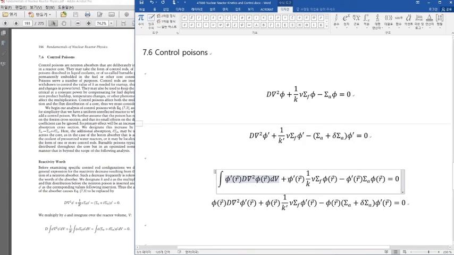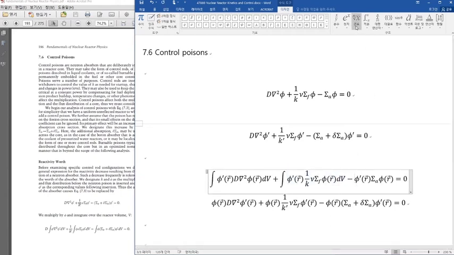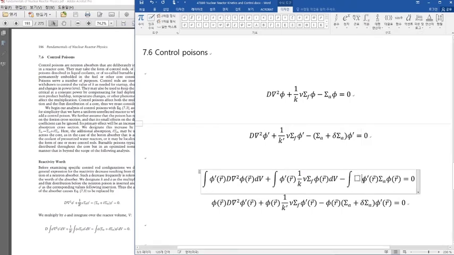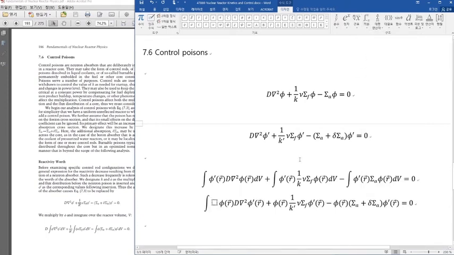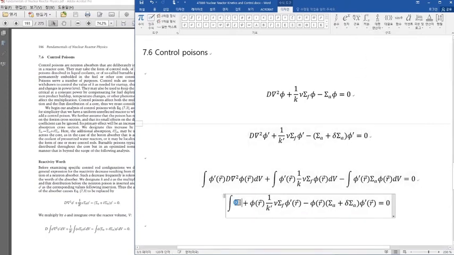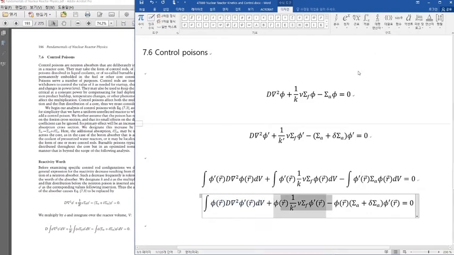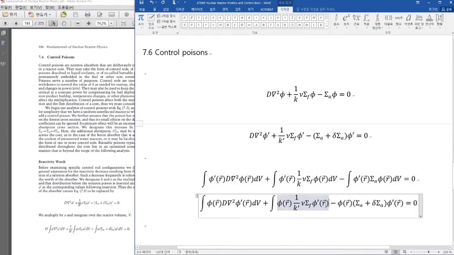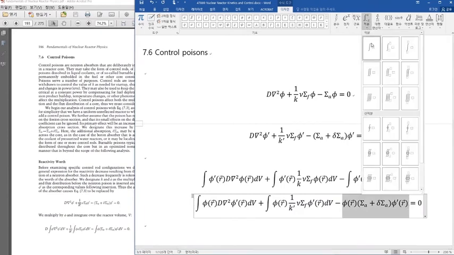If integration is performed for all the volumes, dV, and also integration dV, the same integration should be performed here, and also for this.